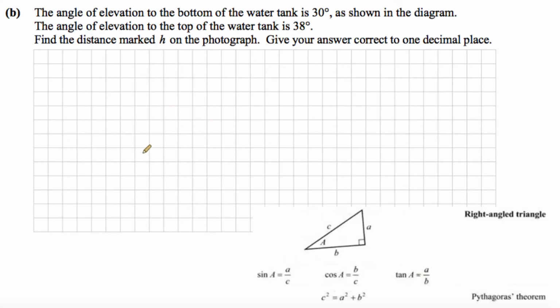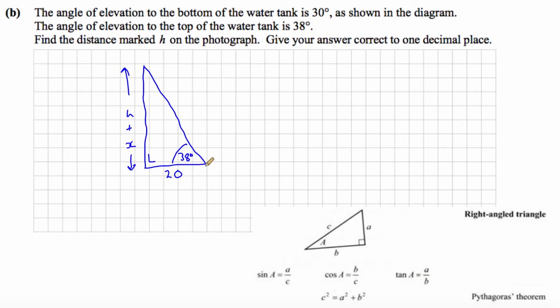So the big triangle looks like this. We've our 90-degree angle there, we've 38 degrees here, we've got our 20 here, and then we have the x plus h going up the side, or h plus x, that's this entire length here.